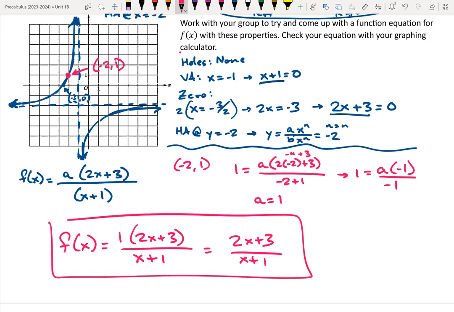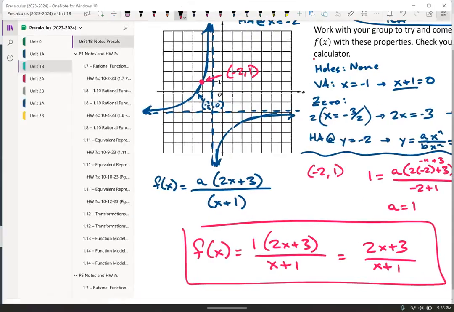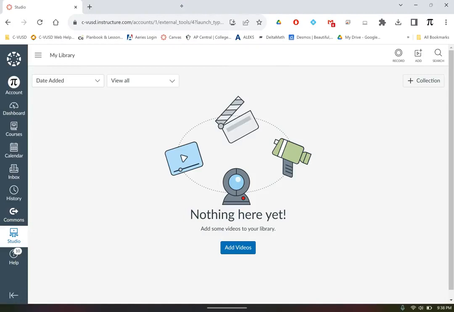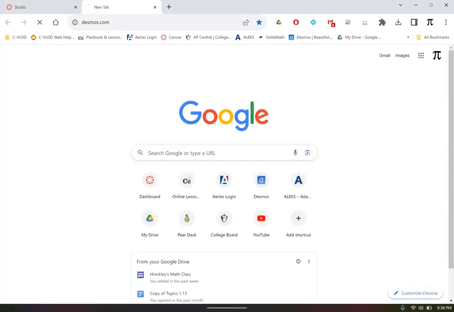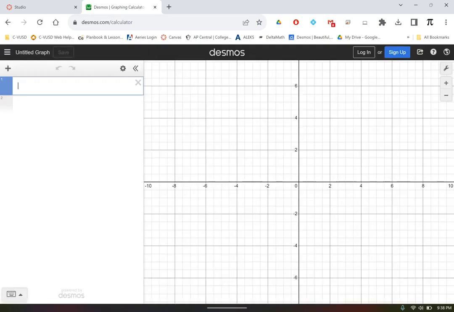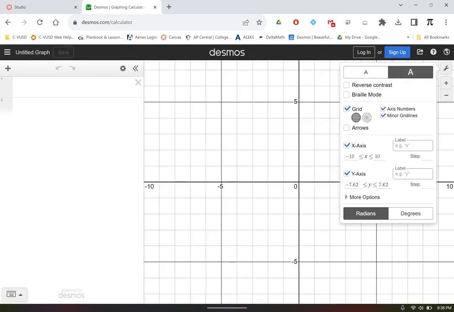Let's go ahead and, on this last one, double check that with Desmos and make sure everything is working out the way it should. You can do this on each of your problems with a graphing calculator or Desmos. Definitely go ahead and put that all in and see what you get.